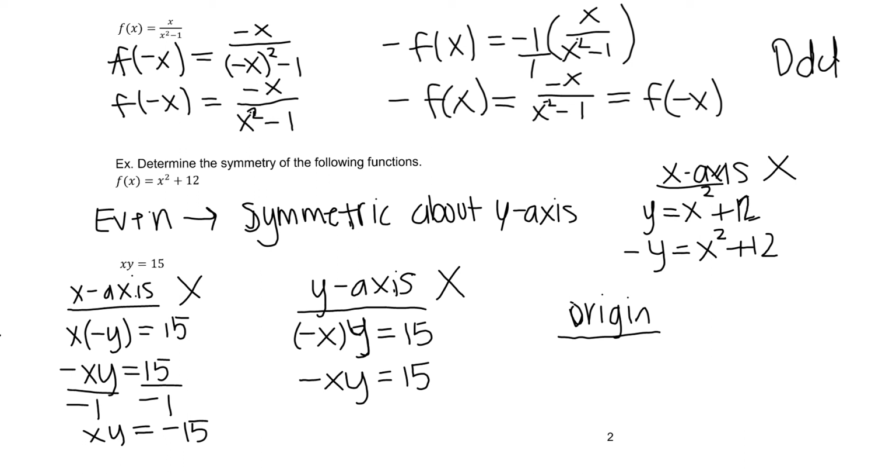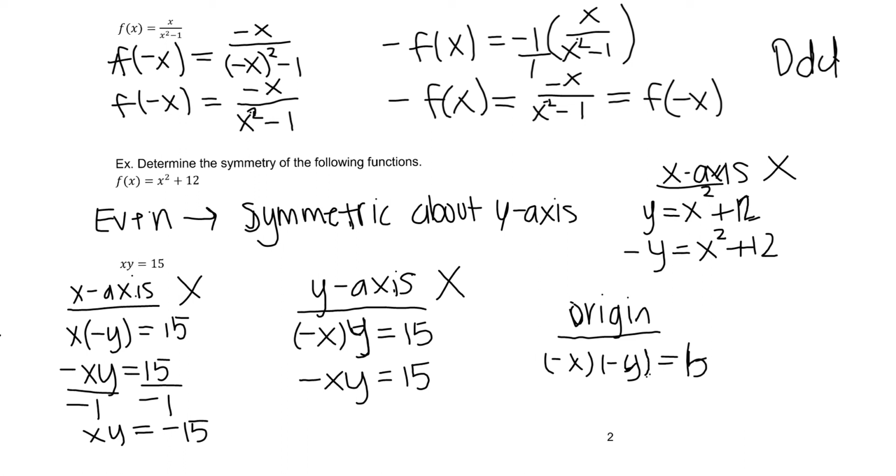So symmetry about the origin replaces x and y with negative x and negative y. So we're going to have negative x times negative y equals 15. Well, because I'm doing a negative times a negative, I know it's going to be positive.